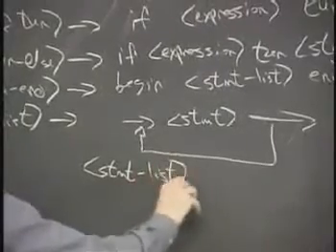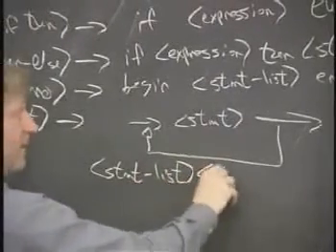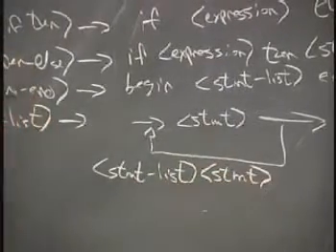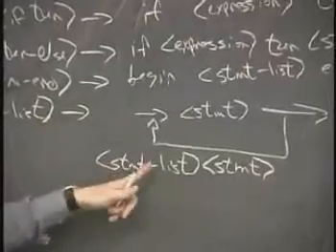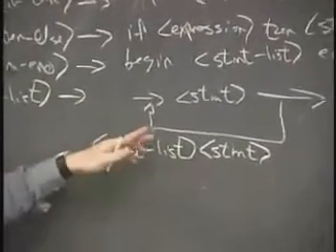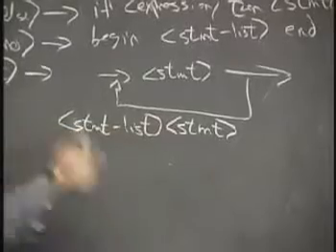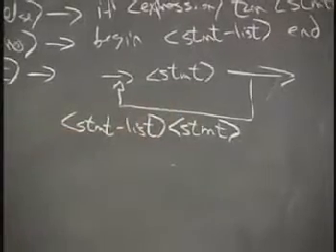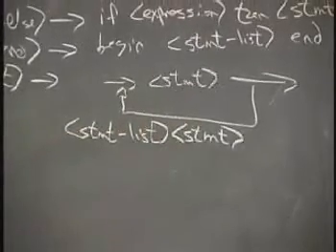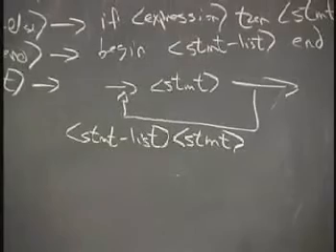Statement list followed by statement. What's the idea there? If you repeatedly substitute statement list again, it becomes statement list statement. Statement list anchors on the left and builds up as many statements after it as you want. This is just like 0 star. Nothing more or less than 0 star.